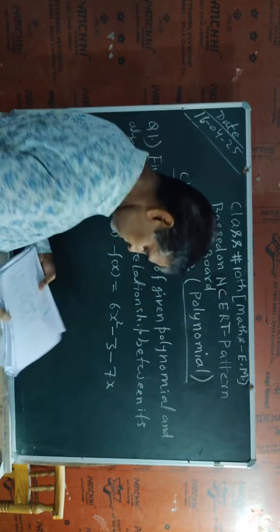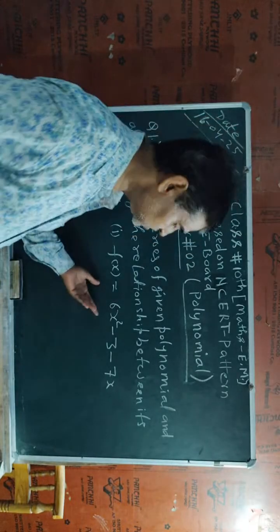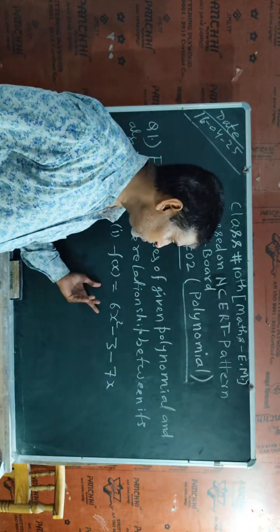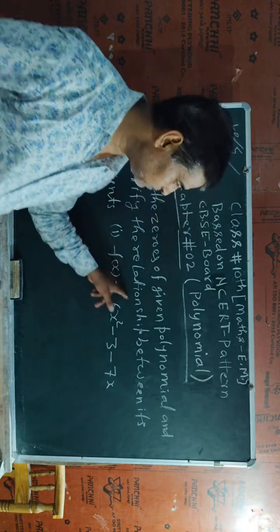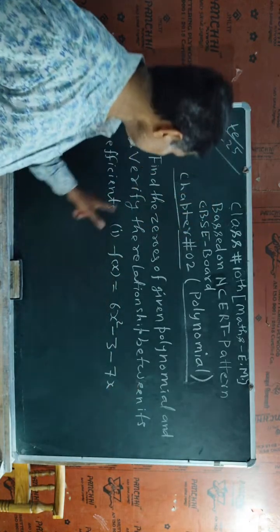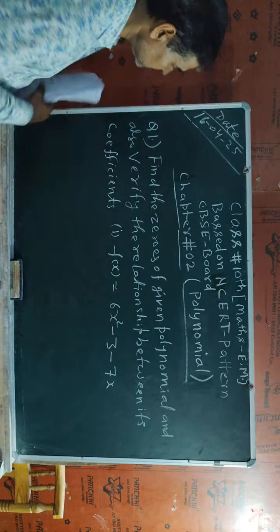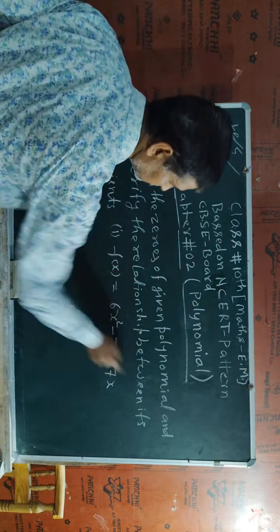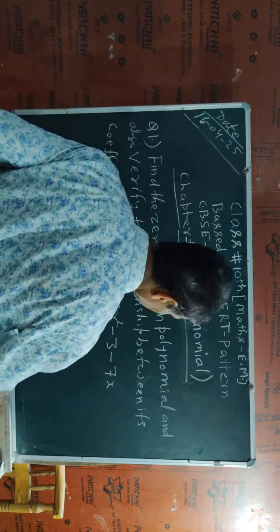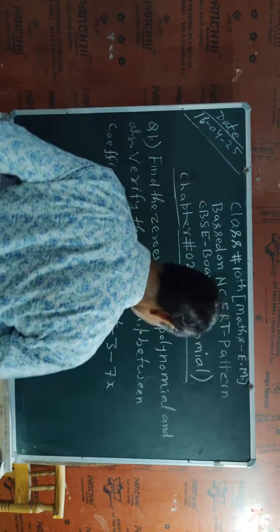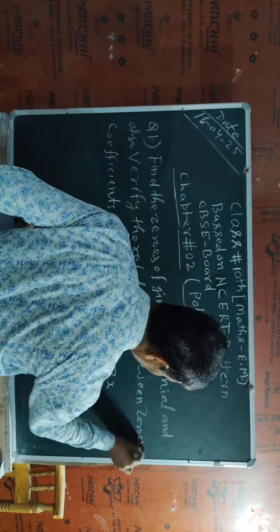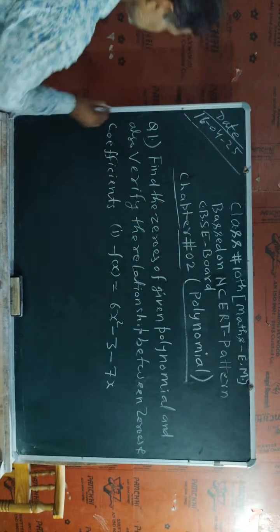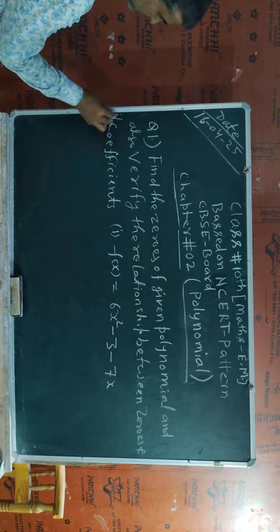Okay, students, you have to find the zeros of the given polynomial, and also verify the relationship between zeros and its coefficients.